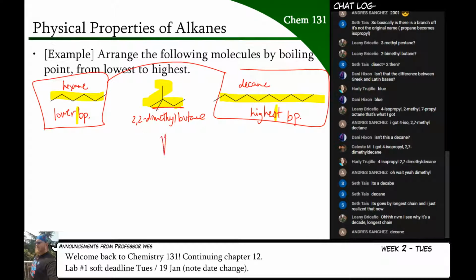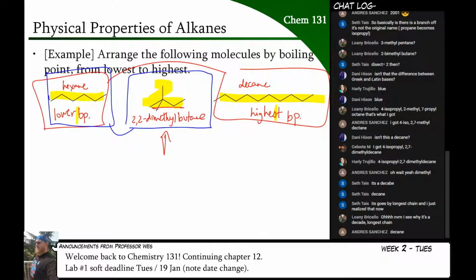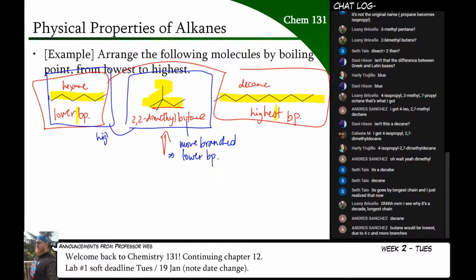Okay. Now let's look at this one. Let's compare 2,2-dimethylbutane with hexane. What you should do when you make this comparison is say, oh, well, this is more branched. So in this comparison, it has a lower boiling point, and this one has the higher boiling point of this pair.